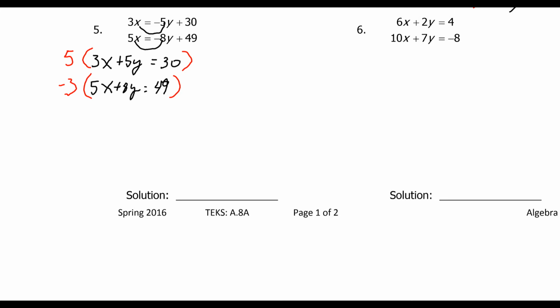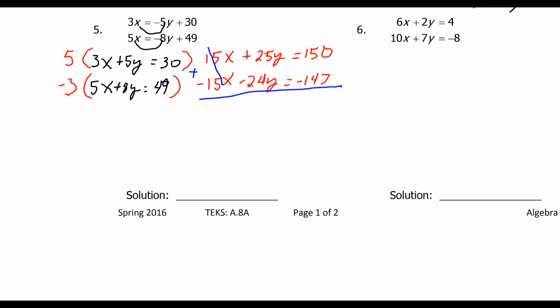All right, now whenever I do this, I wind up with 15x plus 25y, and that equals 150. And then I've got -15x minus 24y equals -147.